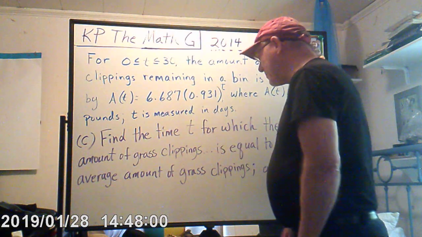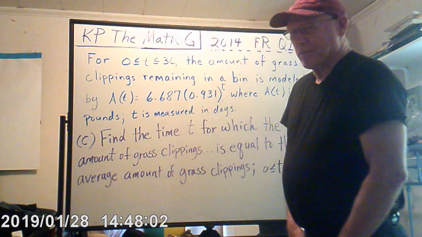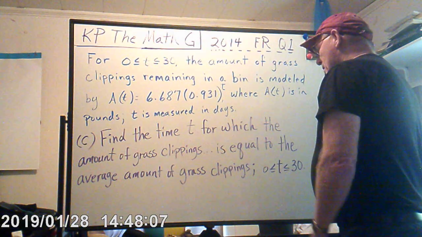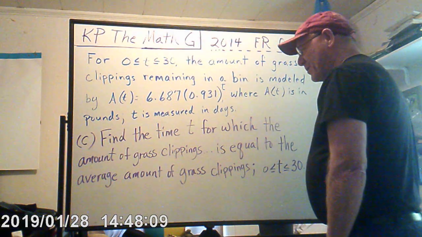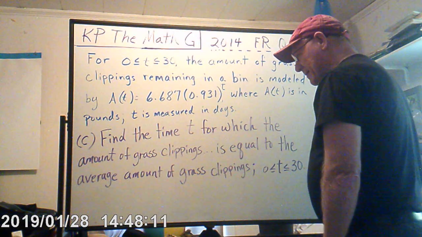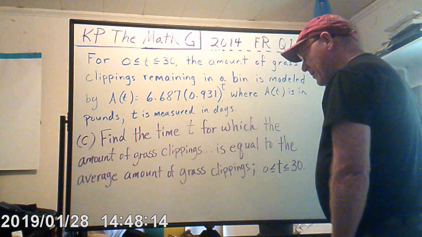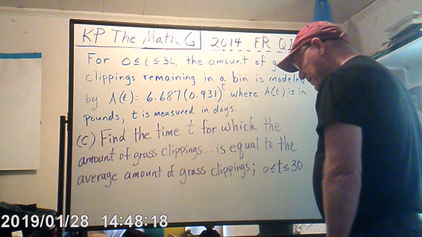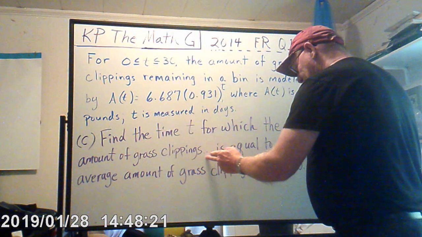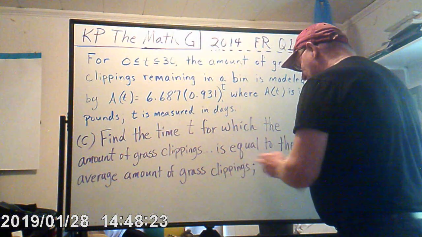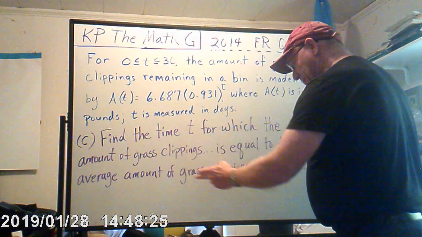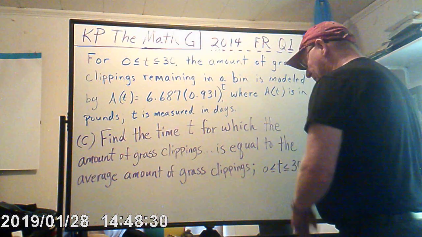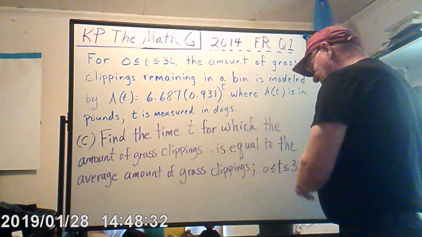I've looked at this problem so many times today, well, last week too. Where A at t is in pounds, t is measured in days. Find the time t for which the amount of grass clippings is equal to the average amount of grass clippings, t being between 0 and 30, included 0 and 30 as well.